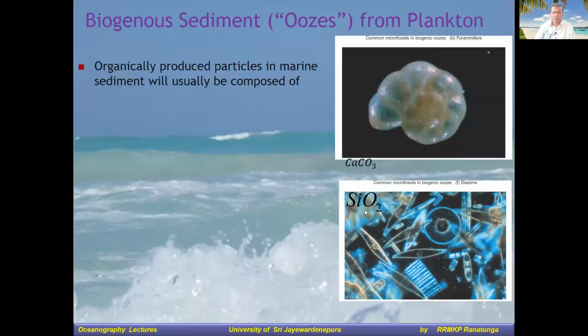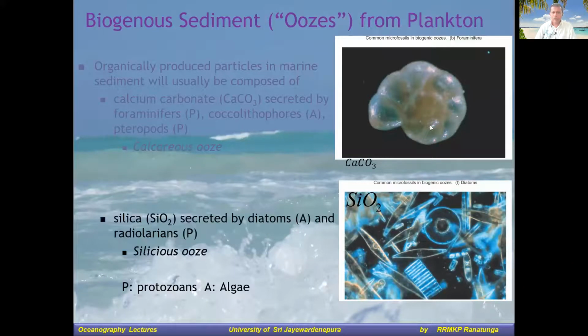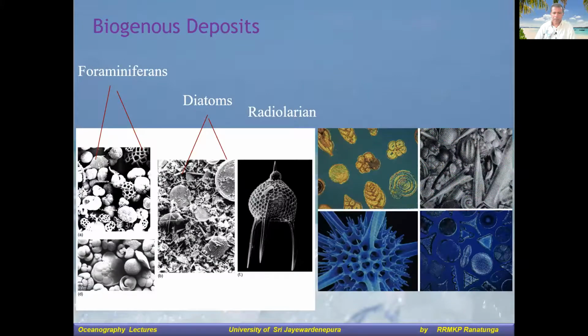This is actually the calcareous oozes, or calcium carbonate based oozes, and the siliceous oozes, or silica based oozes. The foraminiferans, diatoms, radiolarians, and other protozoans are the main source of these Biogenous sediments.